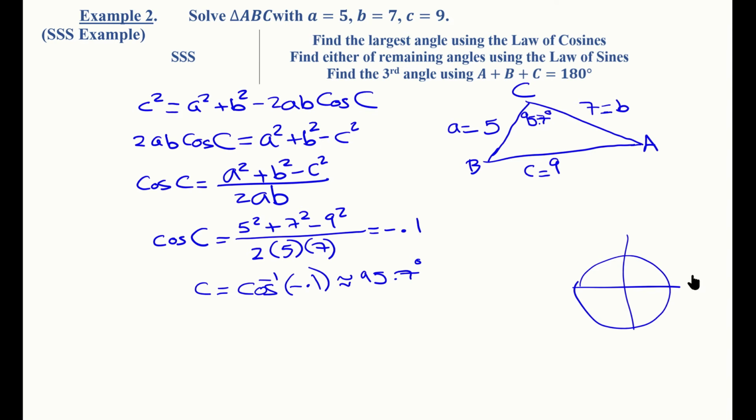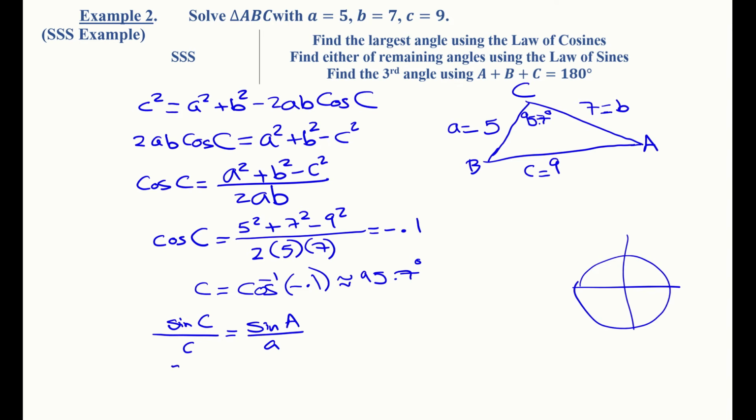All right, so we can now use this value and the law of sines to go ahead and solve for either A or B. Take your pick, makes no difference. Let's just go alphabetically and use A. So we get sine C over C equals sine A over A. So now we substitute the values that we have.